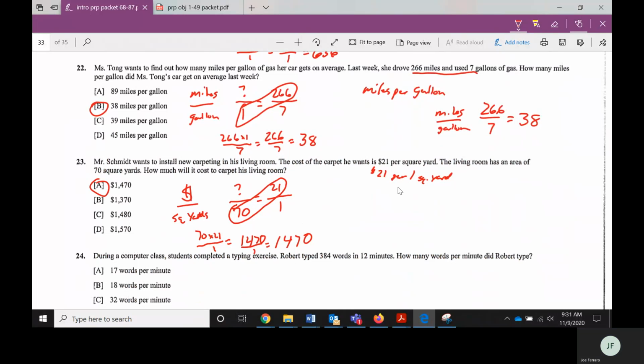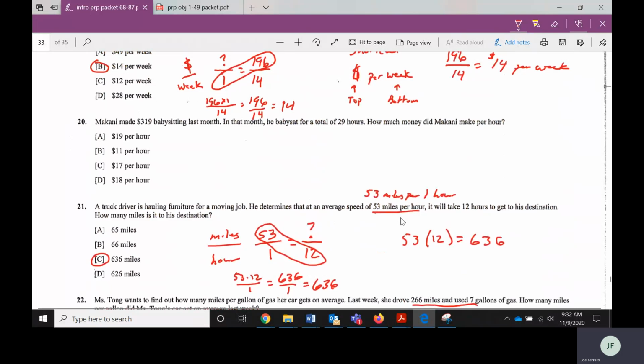Now again, you could look at this, and if this makes sense to you, you could say, well, it's $21 per 1 square yard, and I have 70 square yards. So I have to pay $21 for every square yard, and I have 70 of those. So I have to pay $21 70 times. You multiply, and you would get this. That would also make sense. Okay, so either one of those.